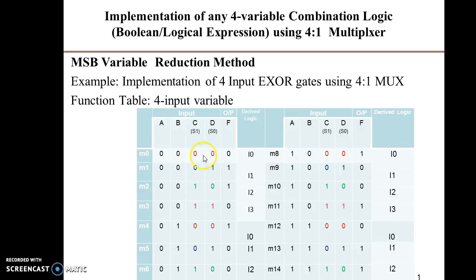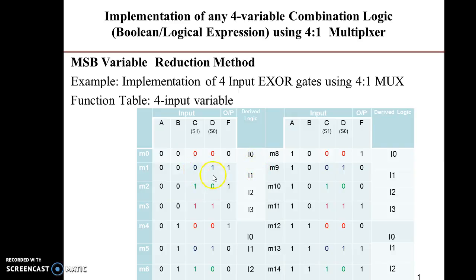So look carefully at this function table of 4 input variables. If I treat C and D as the select inputs, then for min term 0, min term 1, min term 2, min term 3, C and D change through 0 0, 0 1, 1 0, 1 1. These are the 4 select input combinations of the 4:1 multiplexer. If the select input combination is 0 0, the I0 data input pin logic will be transmitted to the output of the 4:1 multiplexer.